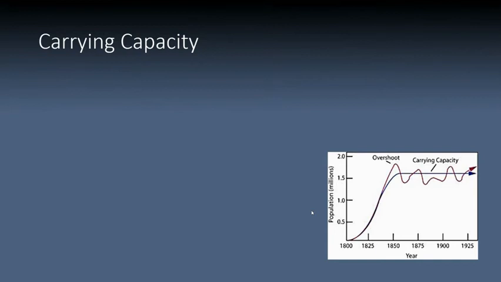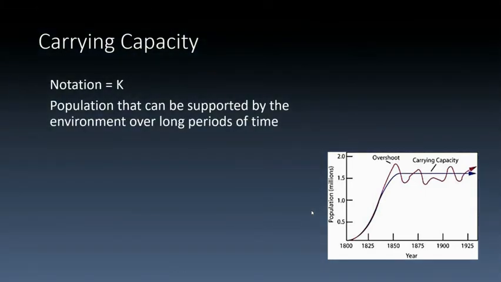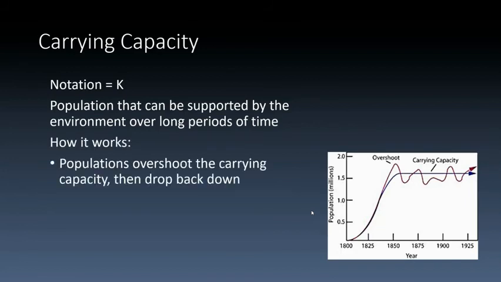So what happens when you have a population that reaches its roughly maximum value due to limiting factors? That maximum value is called the carrying capacity. And we use the letter capital K to denote the carrying capacity. The carrying capacity is the amount of a population that can be supported by an environment over long periods of time. And how this works is that populations will overshoot the carrying capacity, right?